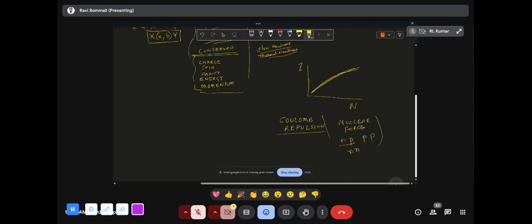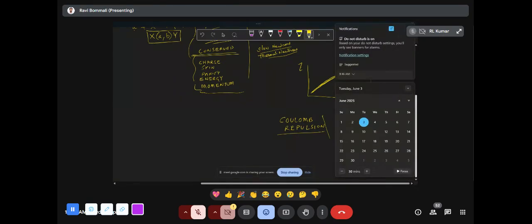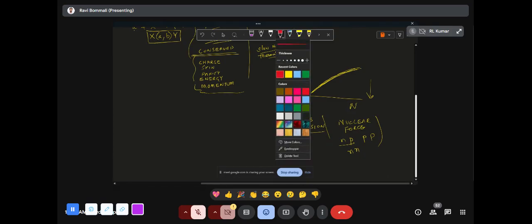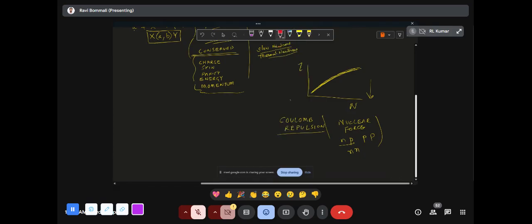That is the reason more neutrons are preferred, and that is why your line of nuclear stability bends towards the neutron axis. That is how you remember it. And if you remember about beta decay, it was the most prevalent thing. It is everywhere.